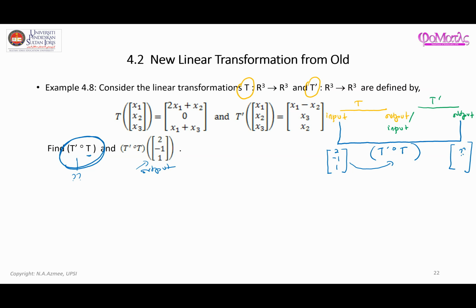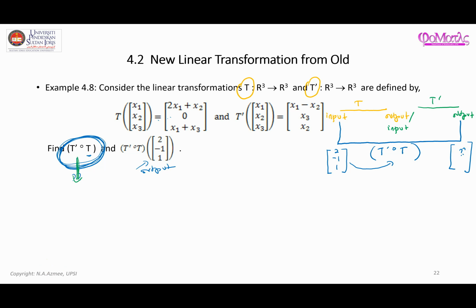Of course, you can do this in the way which I have mentioned just now. For example, you go from one process to the next process, but as I have mentioned previously, there is a simple, easier way to obtain the rule for this.